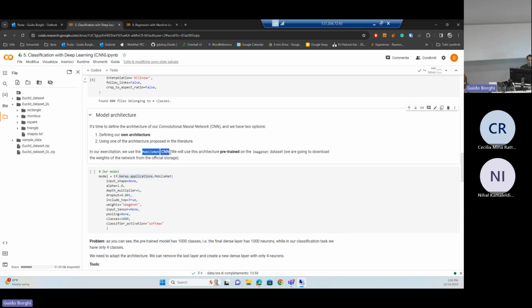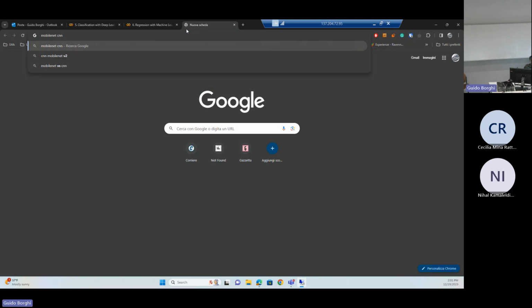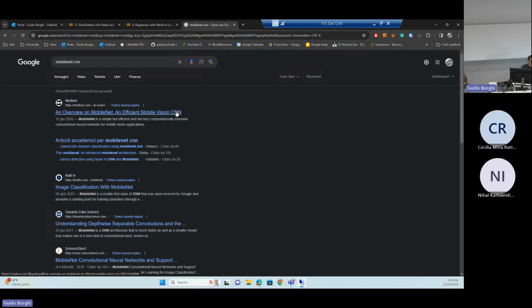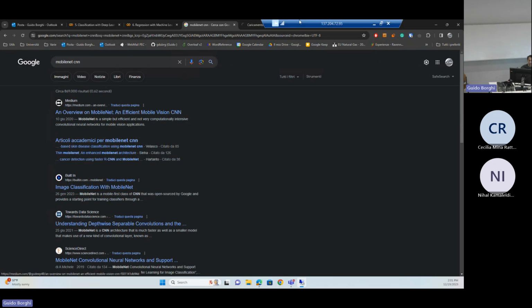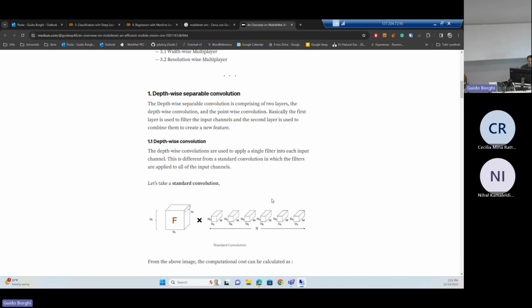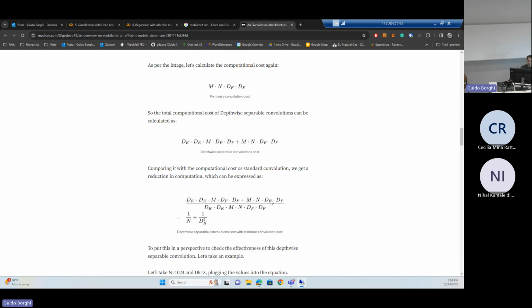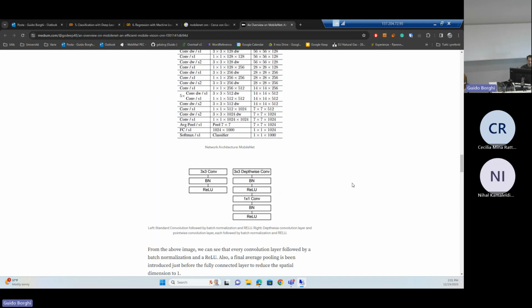If you search on Google MobileNet CNN, maybe we can find the original paper or, for example, a Medium blog, in which you can see the explanation of a well-known architecture of the network, in which we have a lot of convolutional layers, an average pooling layer, a fully connected layer, and the softmax activation function, since we want to solve a classification problem, and so on.